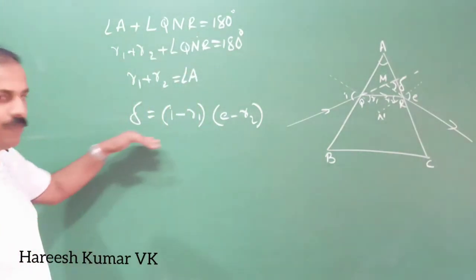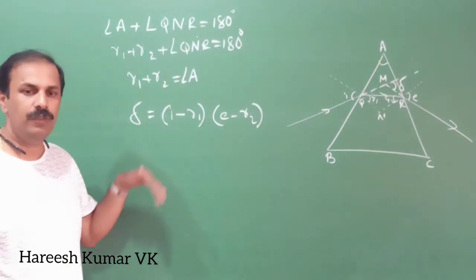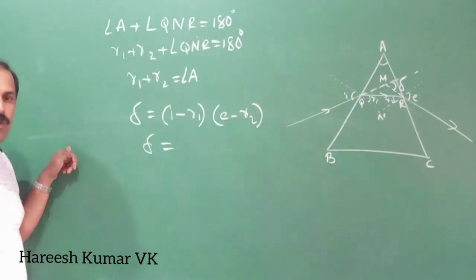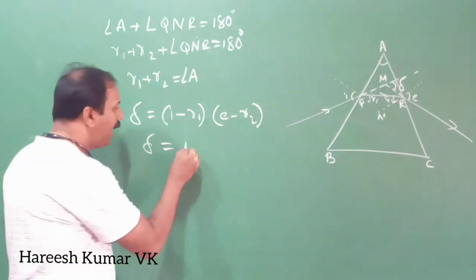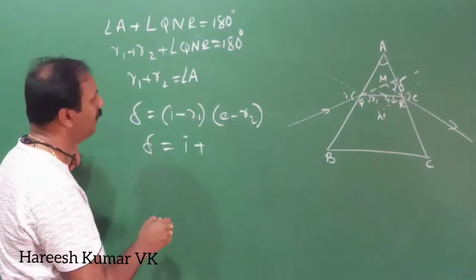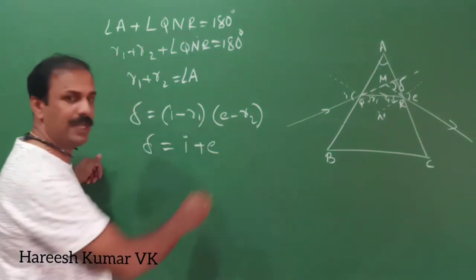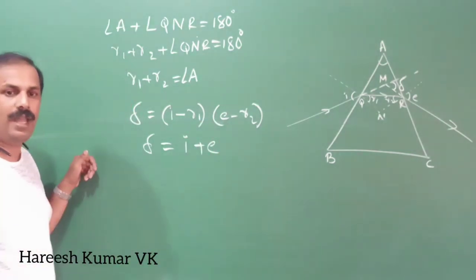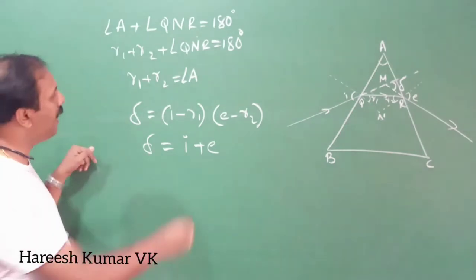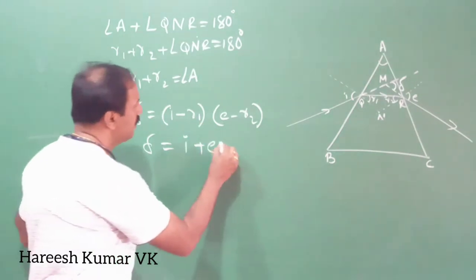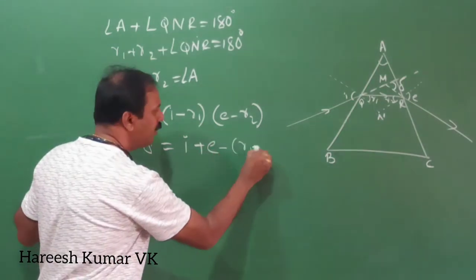Okay, now from this one we can write delta, deviation, is equal to I plus E, and along with I plus E, R1 plus R2 also will come. So that is I plus E minus (R1 plus R2).